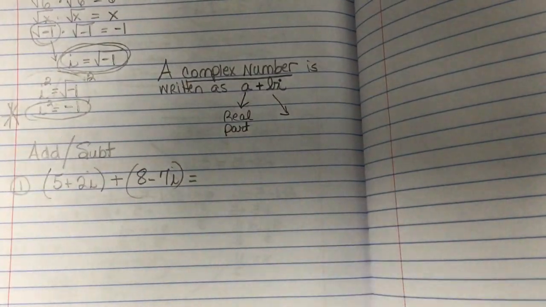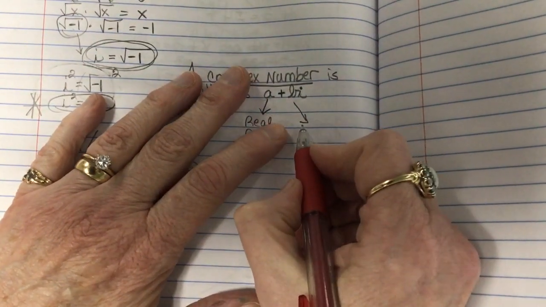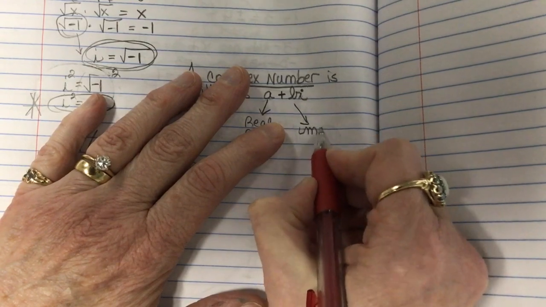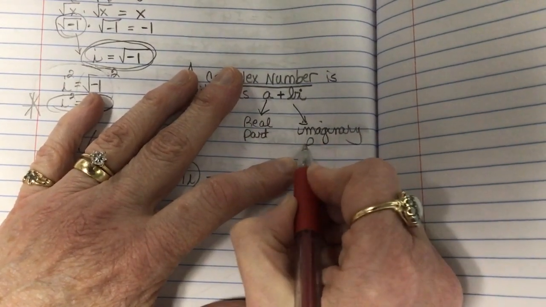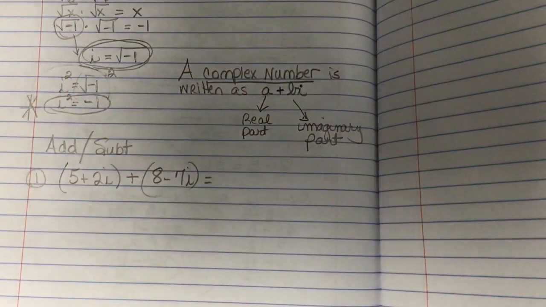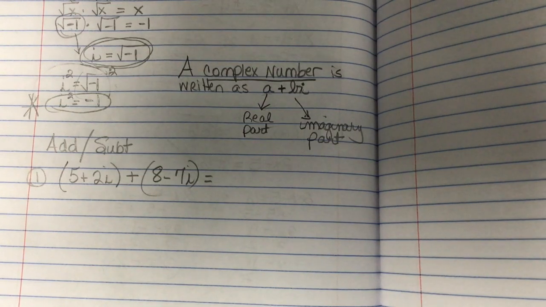I think they call them imaginary because of the i. Teachers don't like that word, and I'll tell you why. A lot of times teachers say, we're going to talk about imaginary numbers, and they involve i.